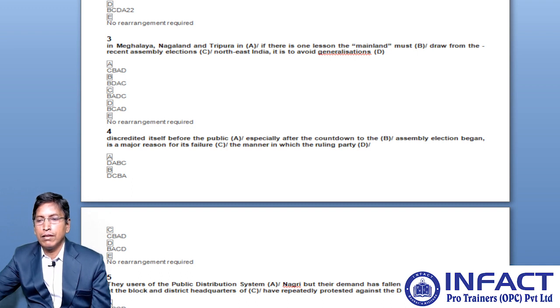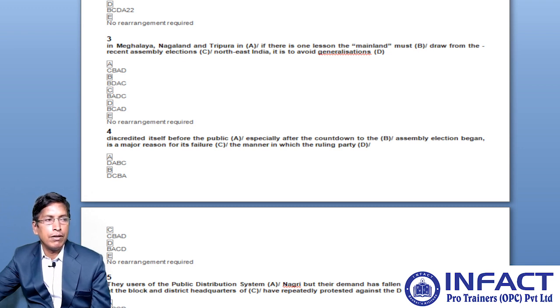If there is one lesson the mainland must draw from the recent assembly elections in Meghalaya, Nagaland and Tripura in Northeast India, it is to avoid generalizations will be the meaningful statement. So option C, BCAD will be the right choice. Now let us move to question number 4.